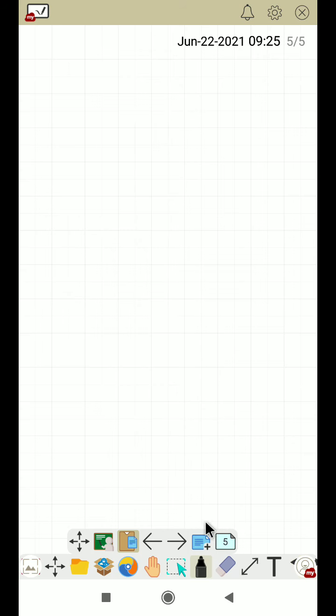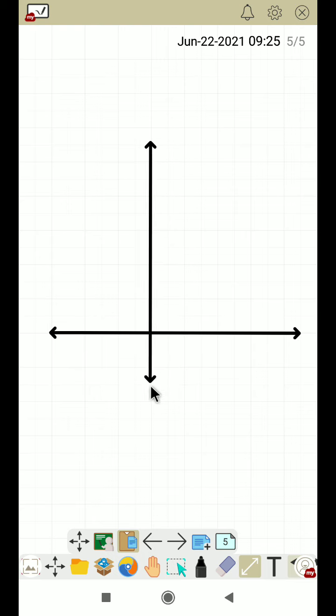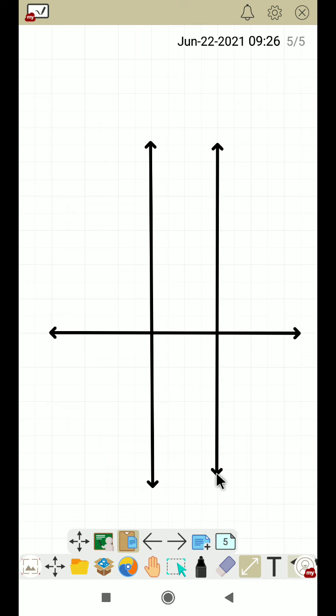Now go to the next one. Write down the inclination of the line which is perpendicular to the x-axis. Suppose this is the x-axis, this is the y-axis, and the line is perpendicular to the x-axis. This is X, O, X dash, Y, O, Y dash, and this is the AB line.